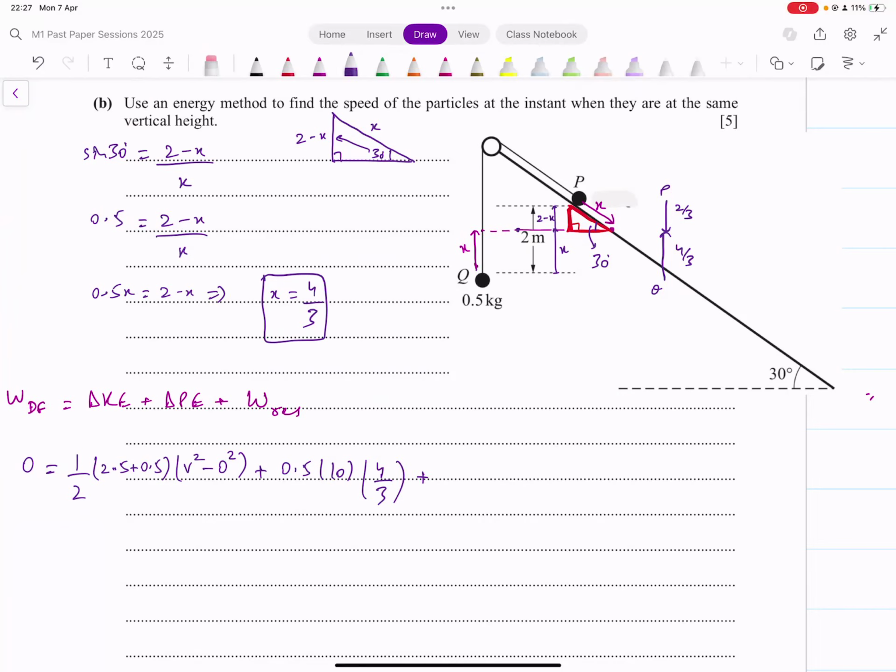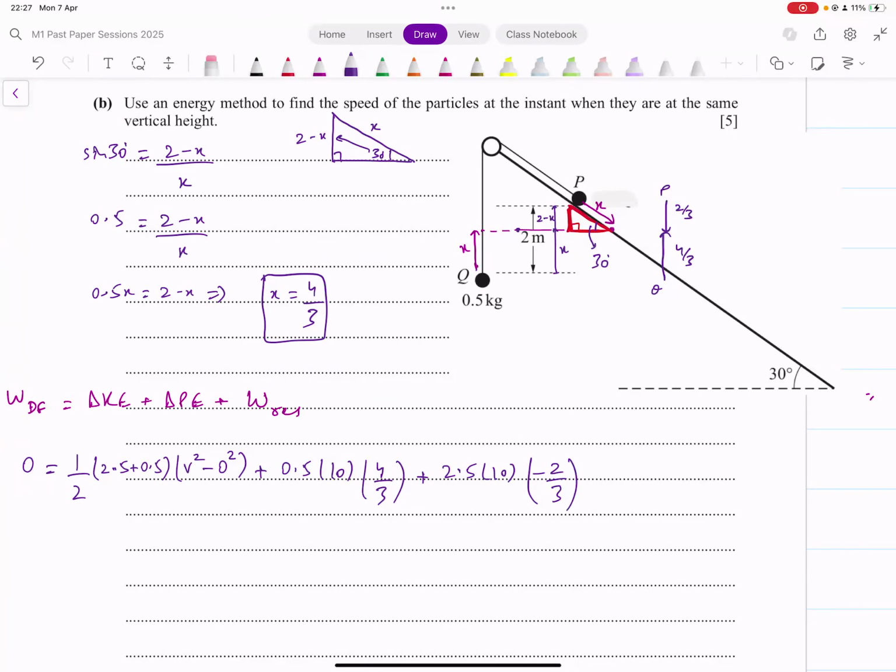The mass of P is 2.5, into 10, into the change in height. The height is decreasing, which means the potential energy is decreasing. So it has to be negative, because you could say the change in height is negative.